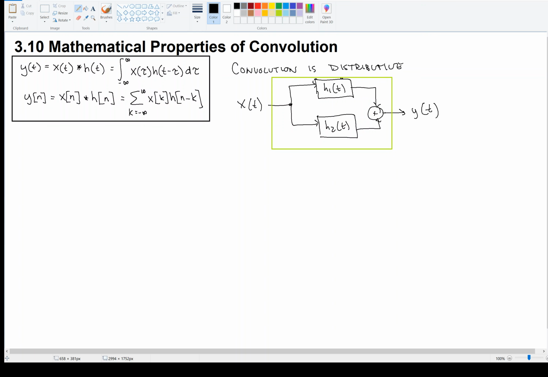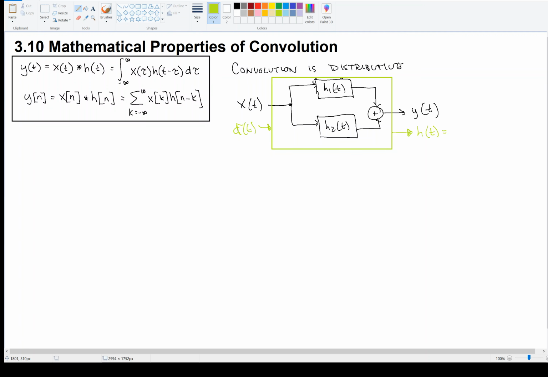Well, to get the impulse response of the green box, plug in an impulse into the green box and observe what you get out. What you get out is literally the impulse response of the system. So we don't know yet. Okay, so if I plug in an impulse, then the impulse comes up here to H1.